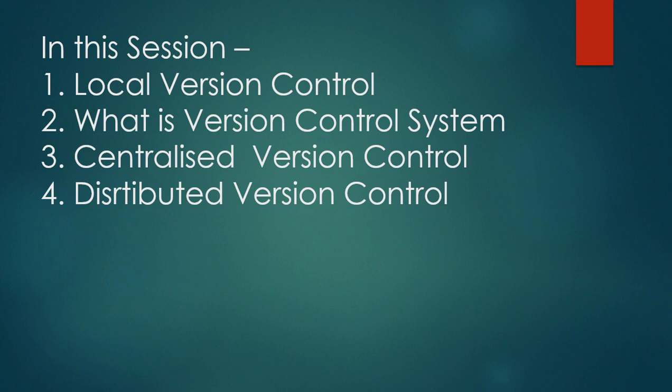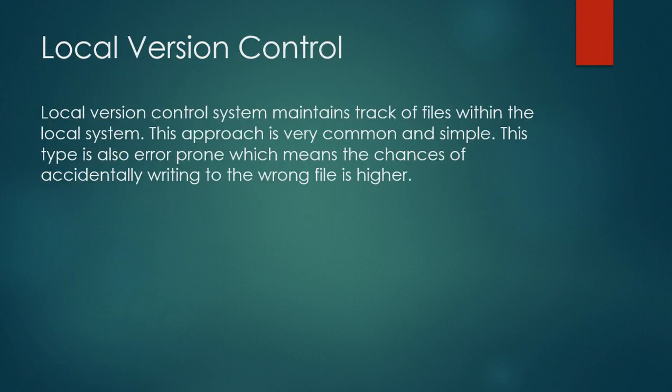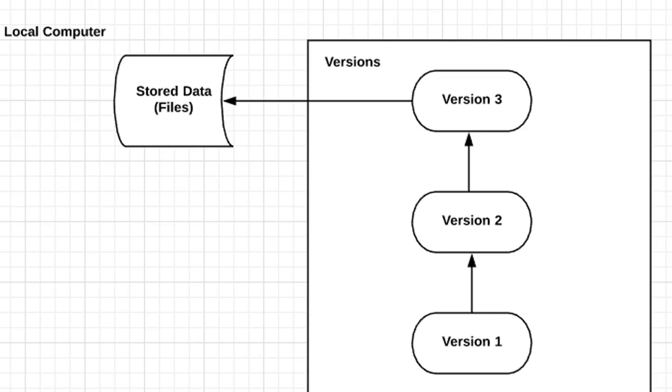So for example, if we are working on a software project, over a period of time, you need to make new enhancement into your project. In that case, you have to save your previous changes somewhere. So what we were doing, we were saving our changes onto our local machine like this.